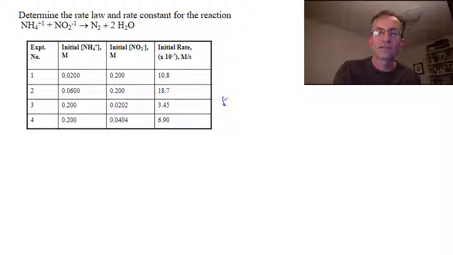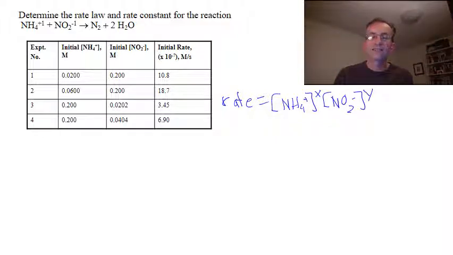Rate laws always look like this. Rate will equal the concentration of each reactant raised to some power that I'm going to call x and y. So really what we need to figure out is what x and y are.